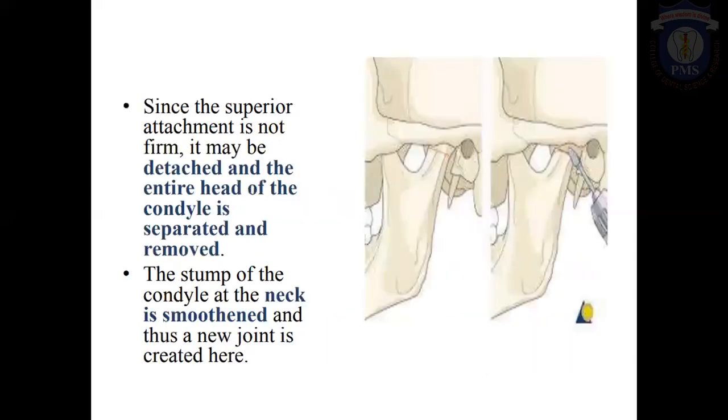Since the superior attachment is not firm, it may be detached and the entire head of the condyle is separated and removed. The stump of the condyle at the neck is smoothed, and thus a new joint is created here. This is the cut made in the condyle, and later it is smoothed.